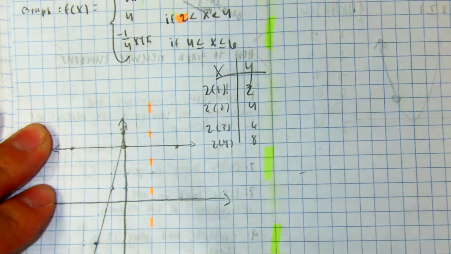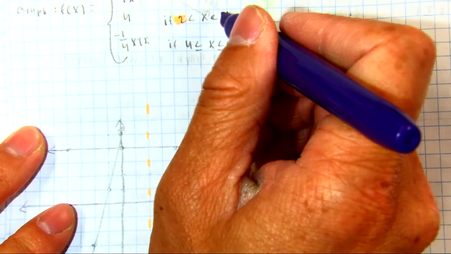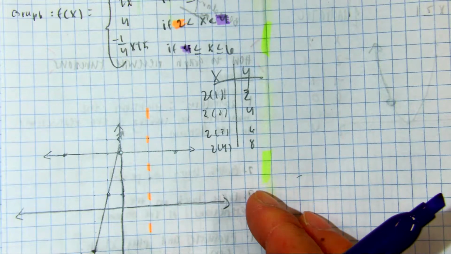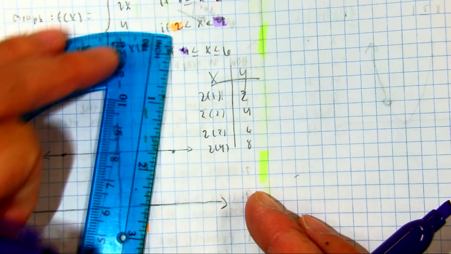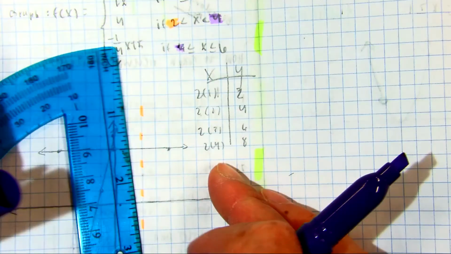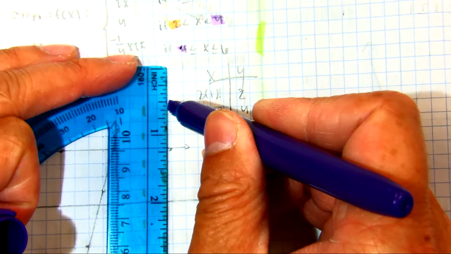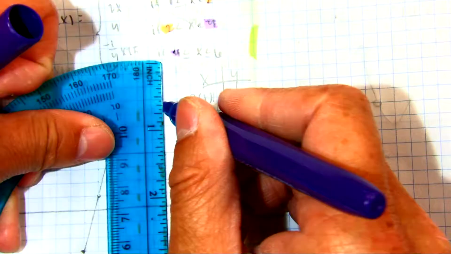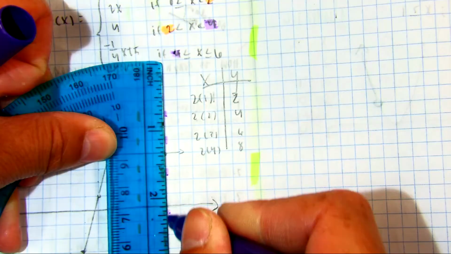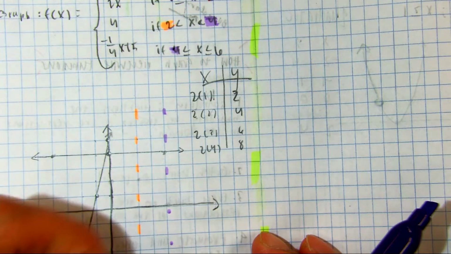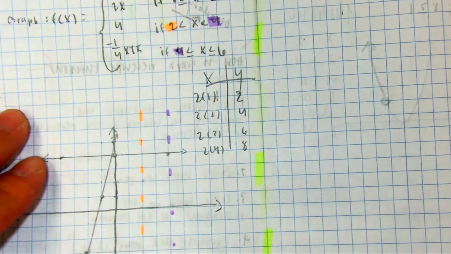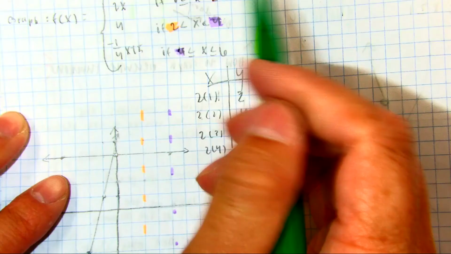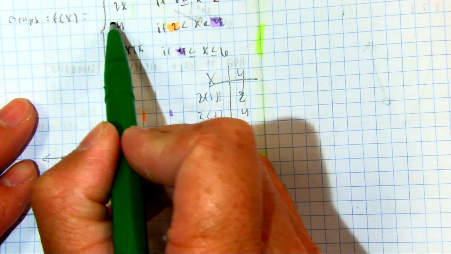And then I go to 4, and there's another boundary. And basically what this graph means here, let's do this one, because this one's graphed correctly.